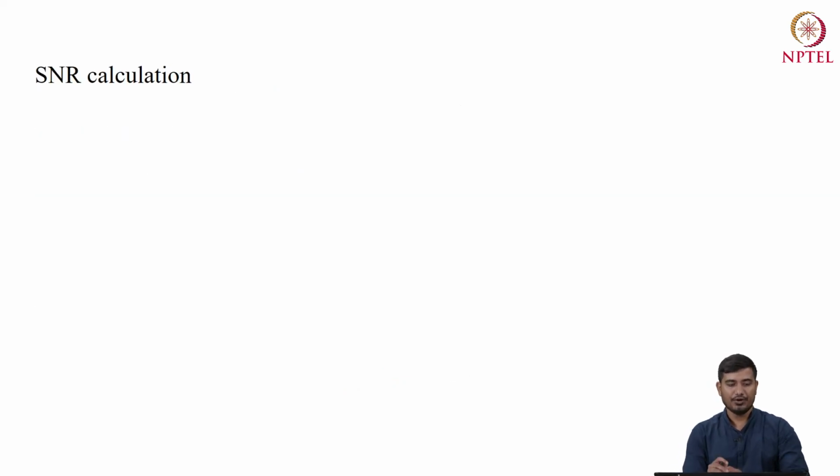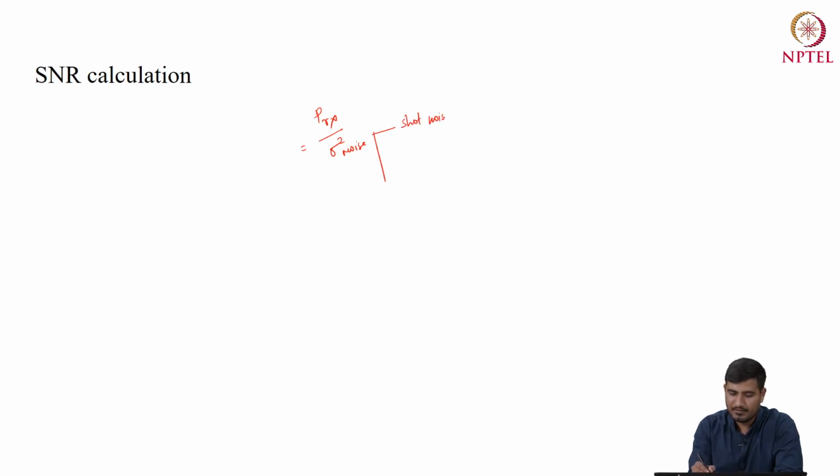Now, in order to do the SNR calculation, we have already calculated the received power. Now we require the noise variance. This noise variance has three types of noise: shot noise, as I have mentioned earlier, thermal noise, and the amplifier noise.